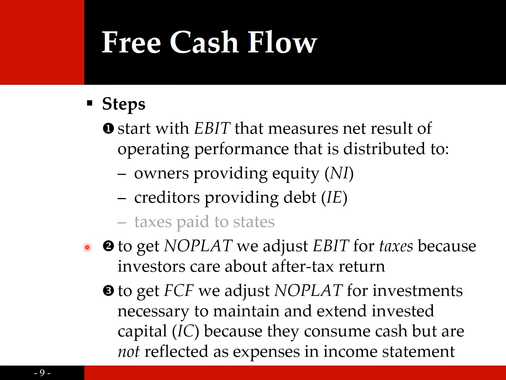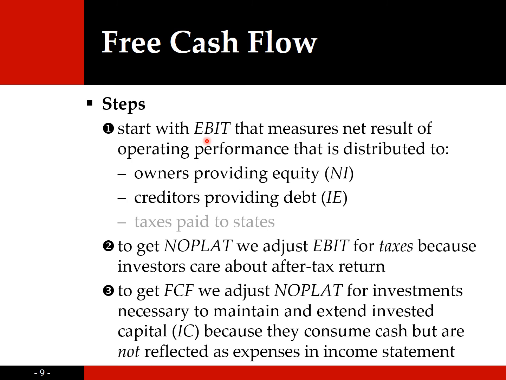In the third step, we will adjust NOPLAT for cash outlays that are made to maintain operations and make investments in fixed assets necessary to keep the company running in the future. These cash outlays will not be reflected as expenses in the income statement, and therefore they will not be reflected in EBIT.